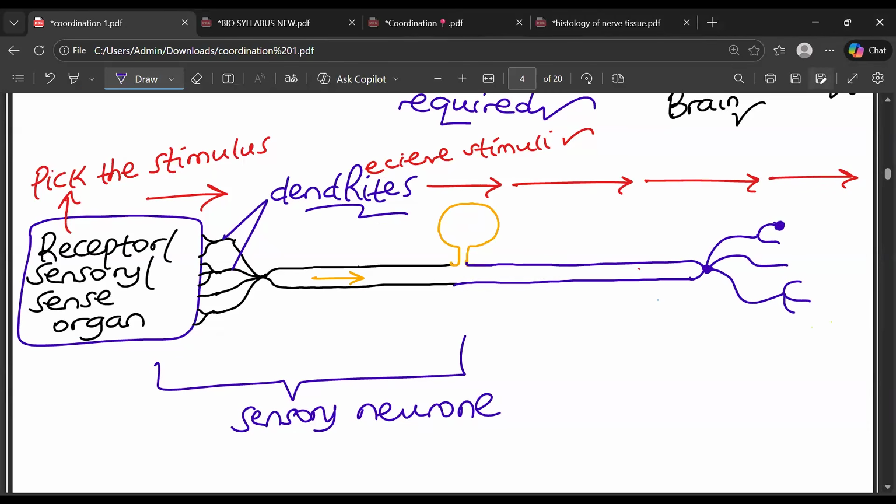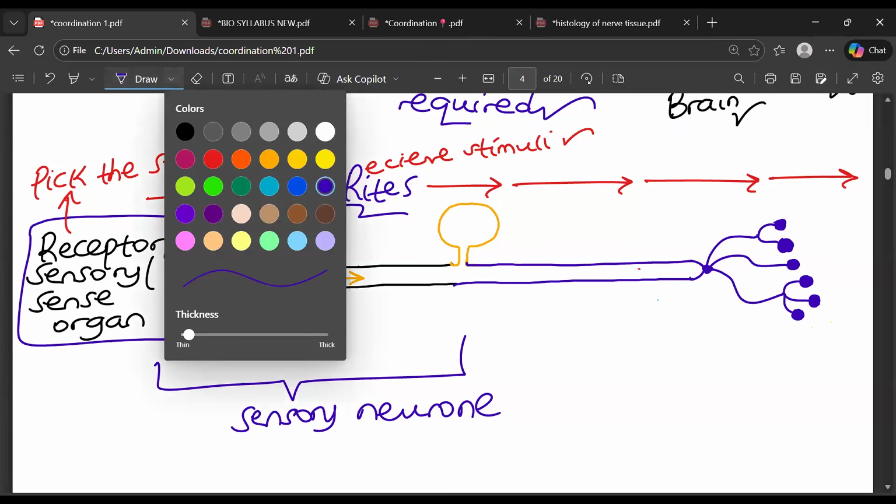But it is dotted at the end, like that. You see that?